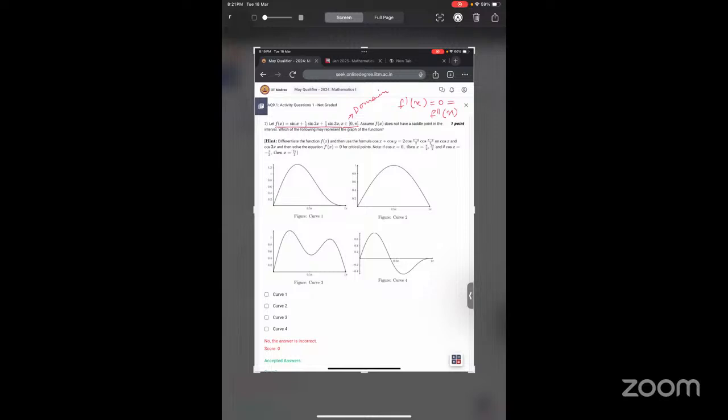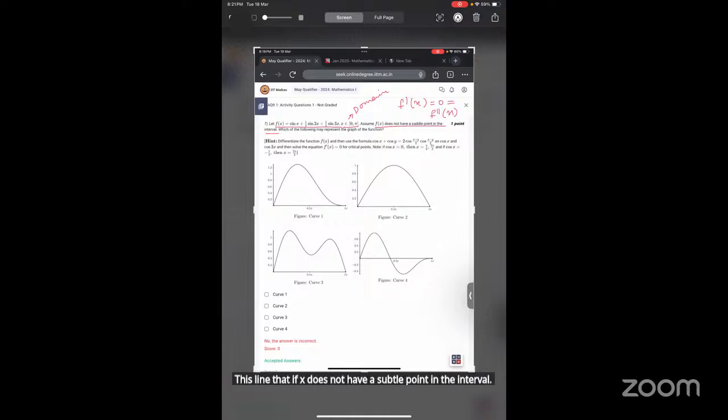Okay, that means if f doesn't have a saddle point in the interval, what does that mean? In the interval, there will be no x for which f double dash is 0, right? No, what point, ma'am? I'm unable to understand that line: that if f does not have a saddle point in the interval.